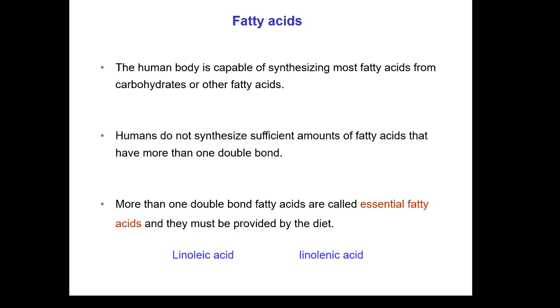Fatty acids that contain more than one double bond are called essential fatty acids, and we need to provide them in our diet. Now, we could get those directly from eating animals. We can eat animals, and we'll break down their fatty acids.